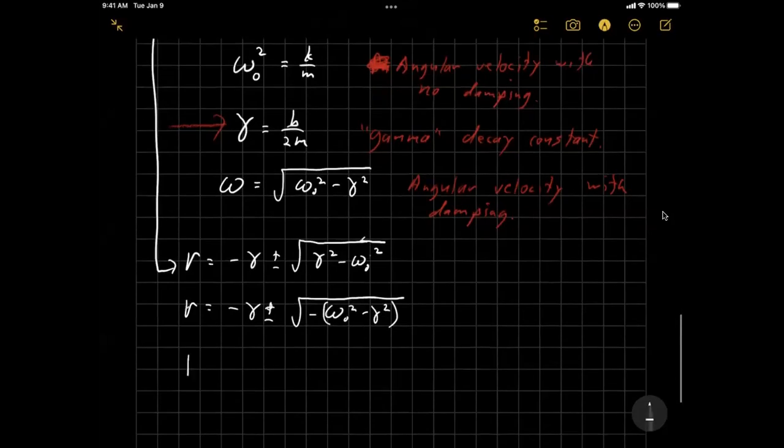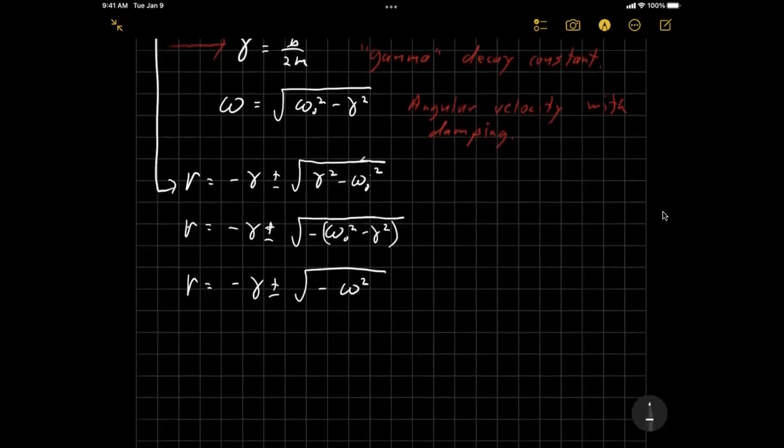Okay, and that gives me that r is negative gamma plus or minus the square root of negative omega squared. Now, you may remember that when you have the square root of a negative, it gives us i, the imaginary root. So r is now complex.